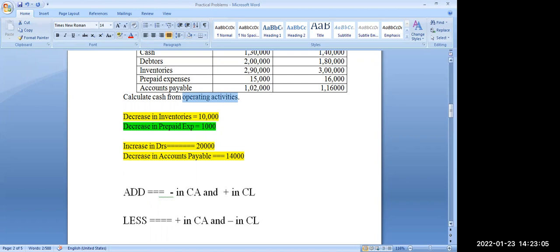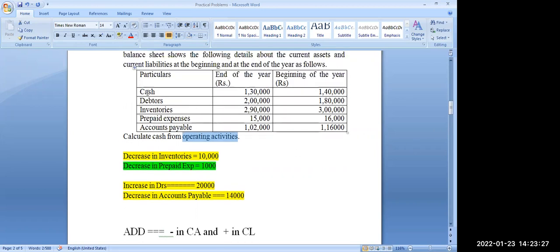If current liability increases, you are getting cash from that particular liability. A non-current item will go directly to the cash flow statement, increase or decrease. But current items will be taken in the summary.